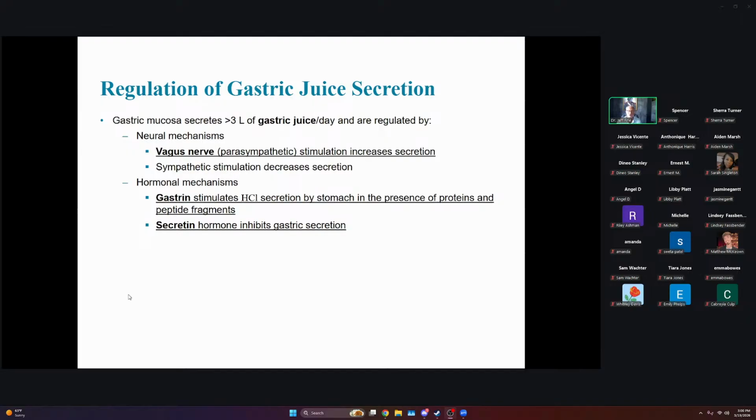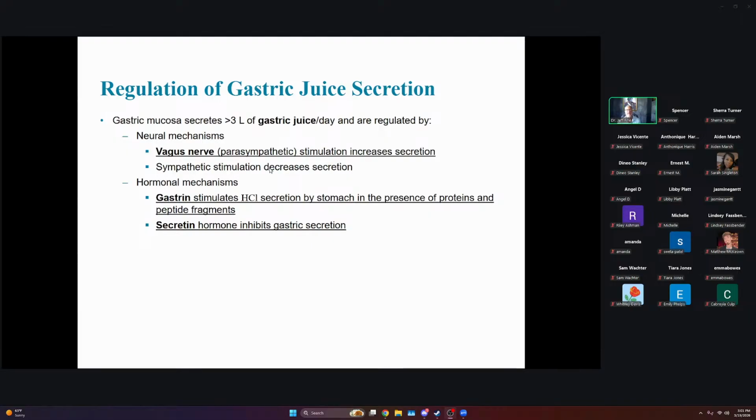And then there are also hormones involved that turn things on or turn things off or speed things up or slow things down. Okay. And usually, as we've seen, most systems have contributions or regulatory mechanisms from both the nervous system and the endocrine system to help regulate things, ramp things up or slow them down.